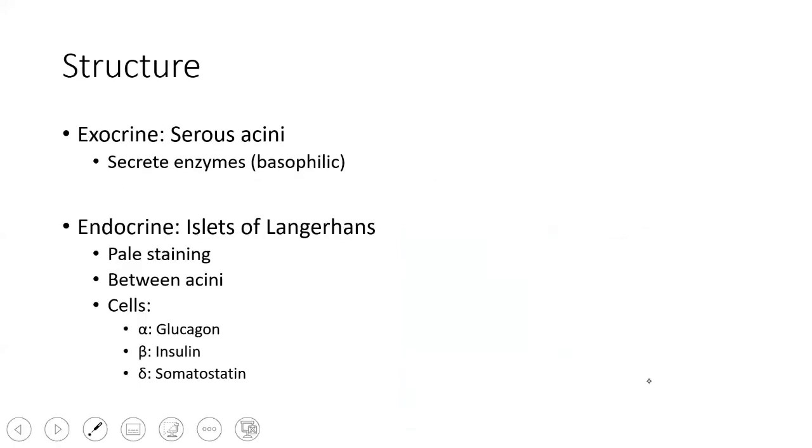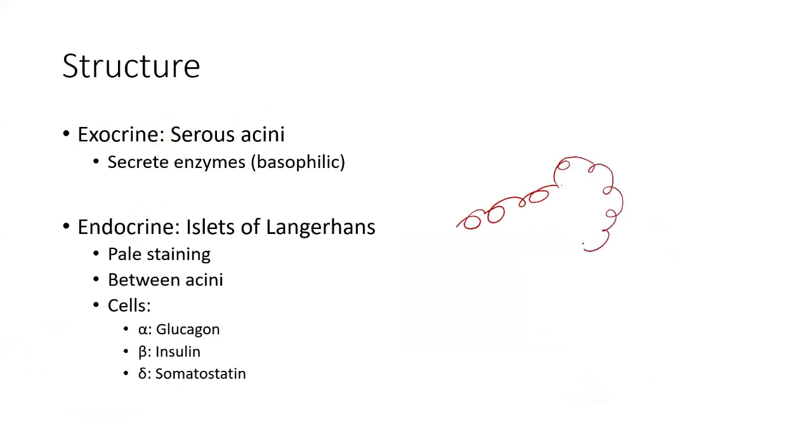So now if we look at the structures, as we said, there's an exocrine component and an endocrine component. The exocrine component is a system of ducts and acini. Right? You have rows of cells and small acini. So you have acinar cells like this.